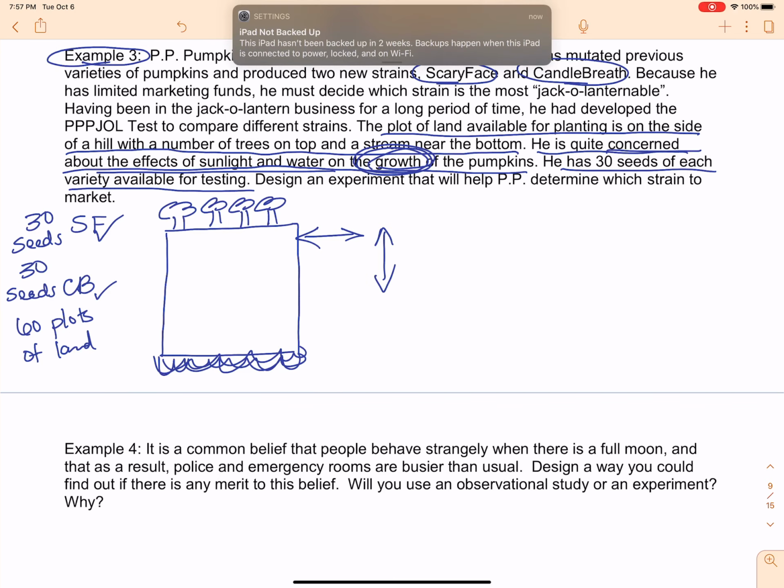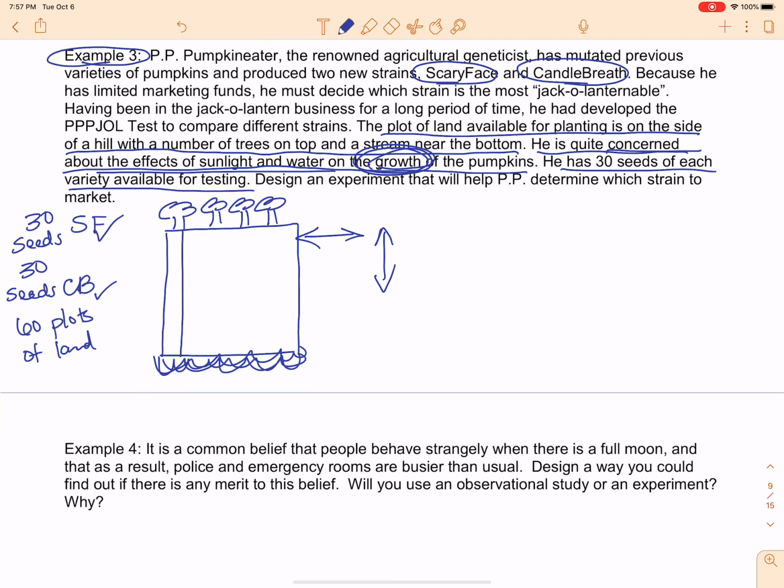So let's think about this. If we look at it vertically, think about these vertical strips here. Would you think that the soil by the trees is the same as the soil by the water or different? Because I want you to think about something. Won't it be drier up here by the trees?